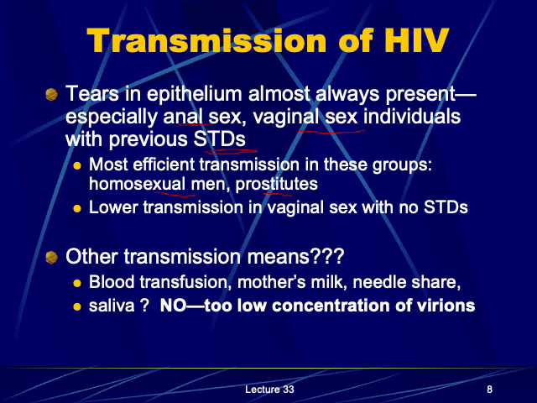Are there other transmission means other than sex? Well, yeah, think blood. Blood transfusions. Now they always screen blood supplies in our country for HIV. But early on, when HIV first became apparent in humans back in the 80s, they weren't screening blood, and people would get it through blood transfusions. Mother's milk: yeah, there can be quite a bit of HIV in mother's milk.